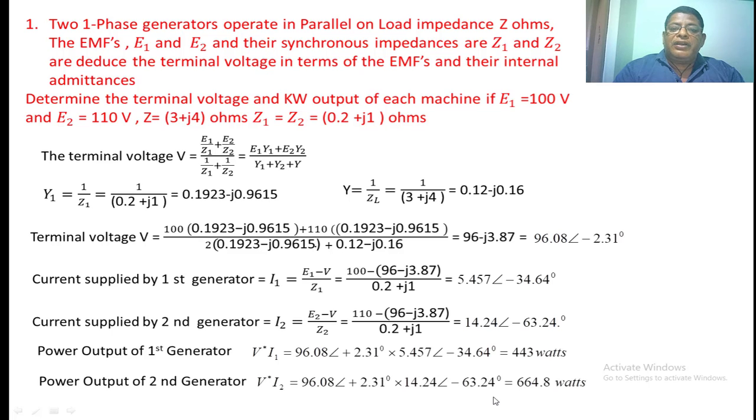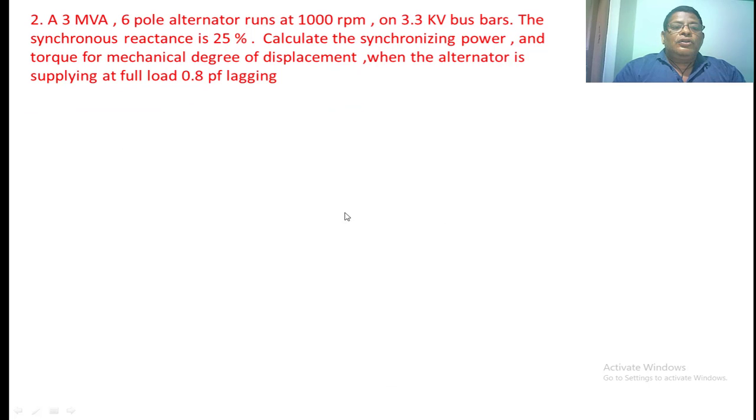In the same manner, we can find the power supplied by the second generator, V star I2, equal to 96.08 at angle plus 2.31 degrees into the current supplied by the second generator, and we get 664.8 watts.